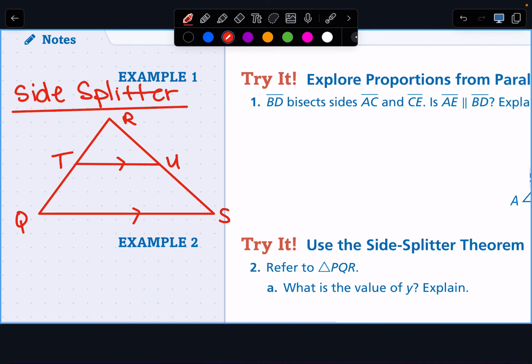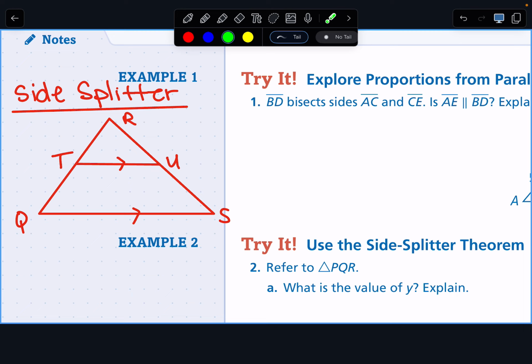5. Okay. Can you tell me what is true about our two triangles? We have this triangle and we have this triangle. Hayden. Yes. So Micah, what does that mean? I was going to say that they share angle R. They share angle R. Okay, David?